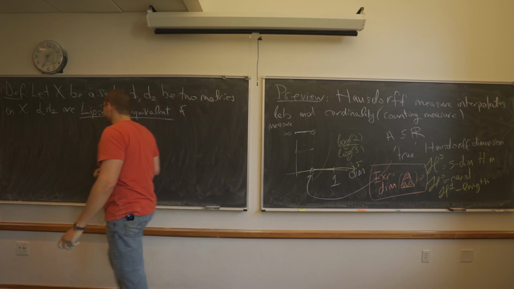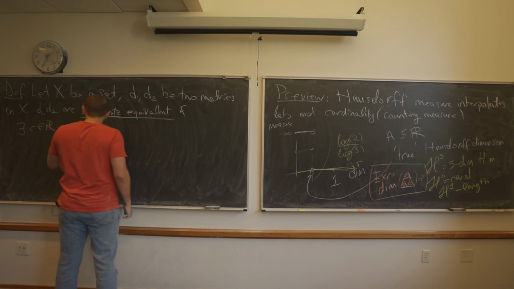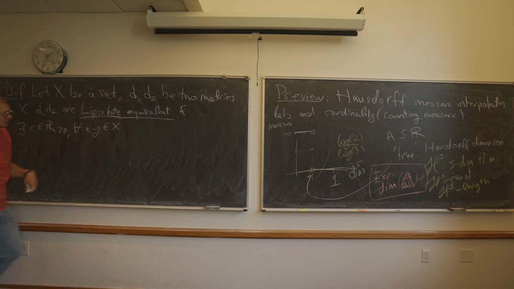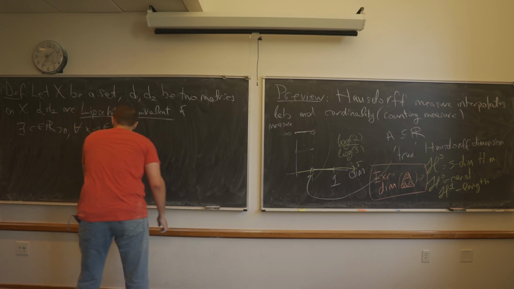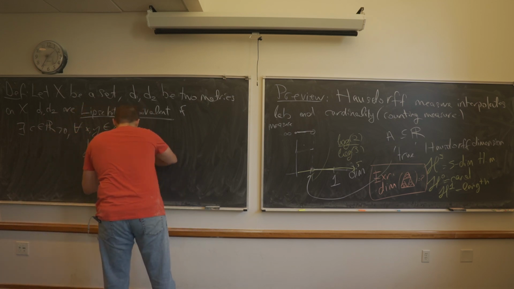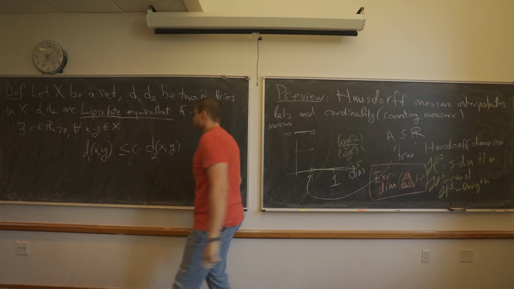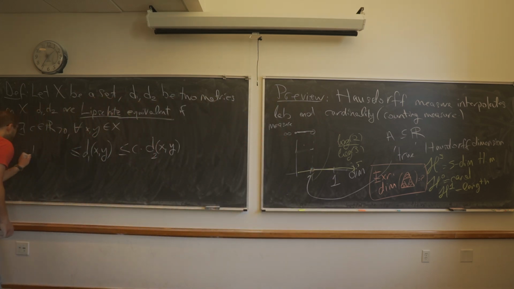They are Lipschitz equivalent if there's one positive number C such that for any two points I have a sandwich relation: d1(x, y) is at most C times d2(x, y), and from the other side at least 1 over C times d2(x, y).